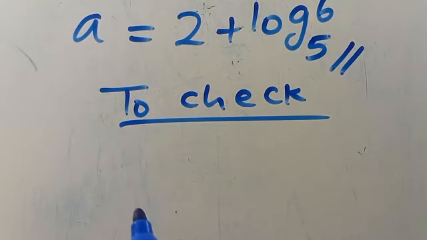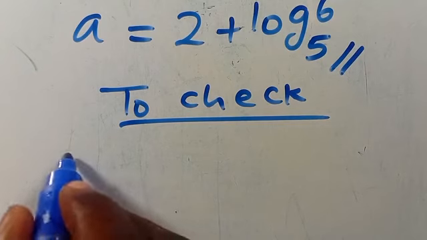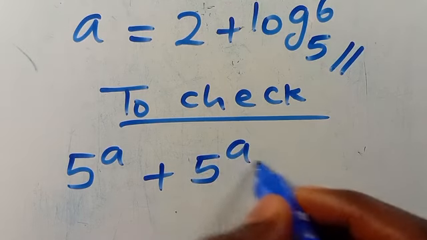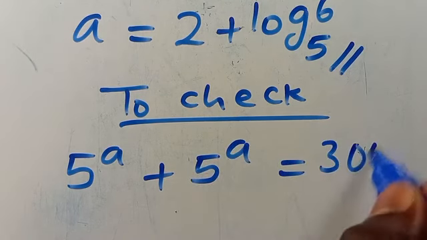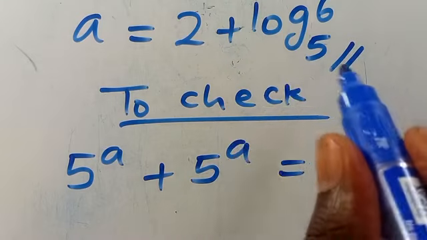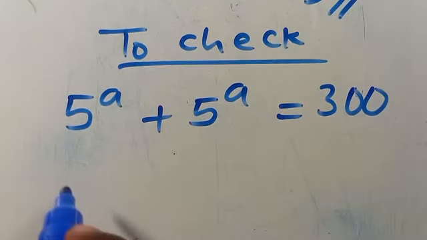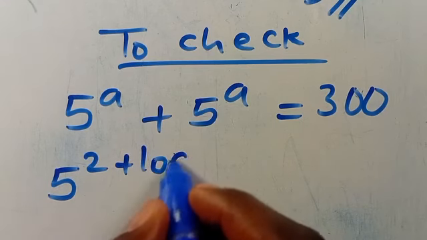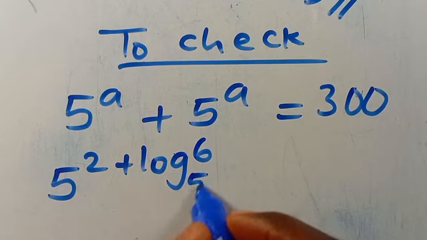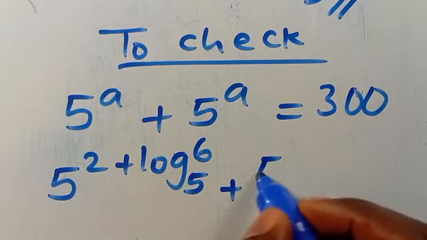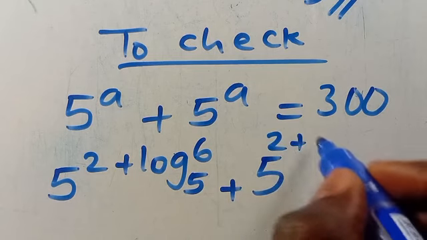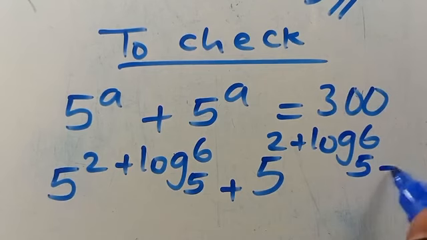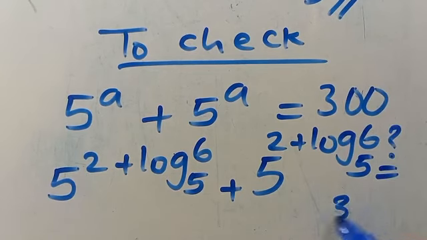recall that we have 5 to the power of A plus 5 to the power of A equals 300. When A equals this, we are going to have 5 to the power of 2 plus log 6 in base 5, plus this again, 5 to the power of 2 plus log 6 in base 5. Then it's going to give us 300.